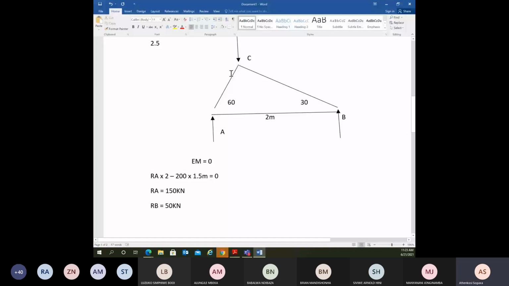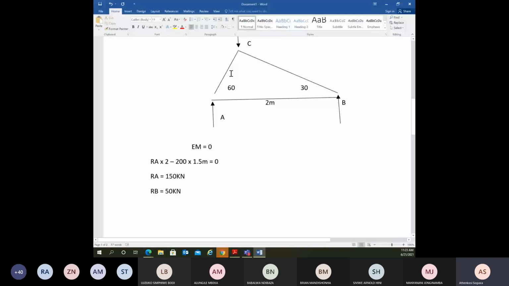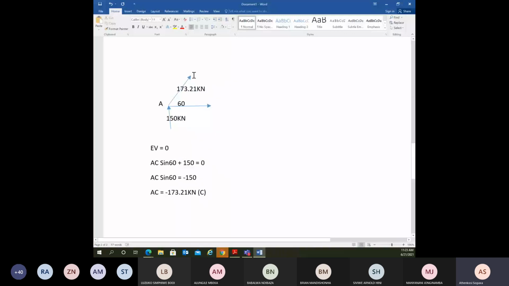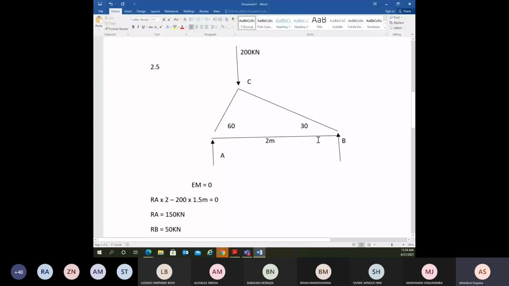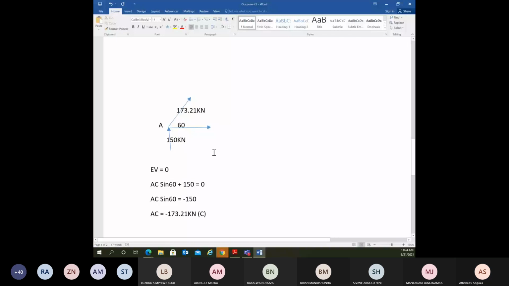We've dealt with AC. Then we can say AB. For us to resolve AB, a truss member, ignore 2 meter. Because AB is horizontal, I will say the sum of my horizontal forces is equal to 0.